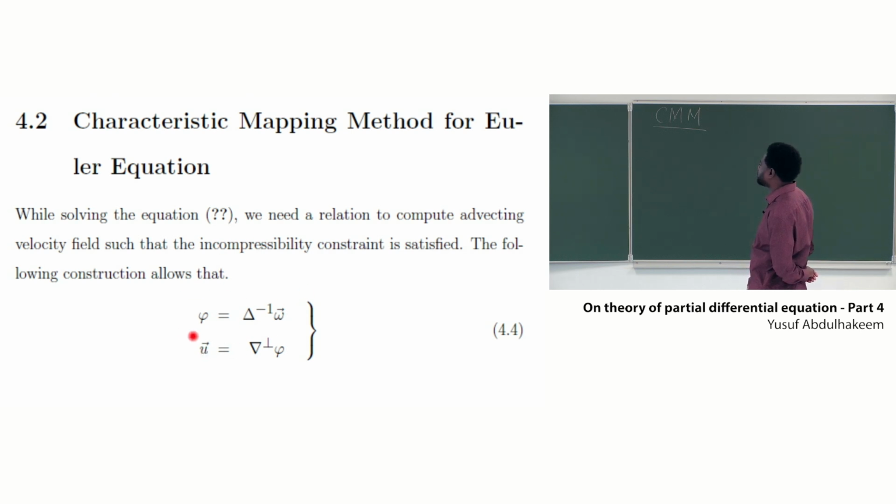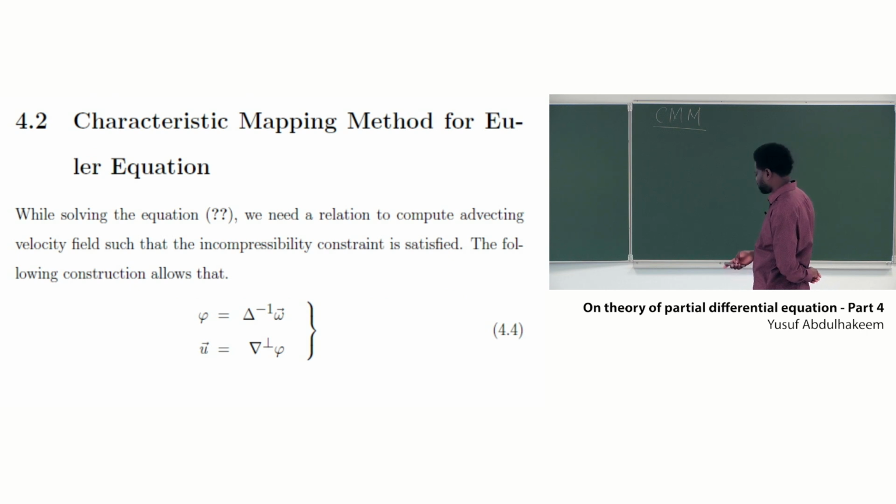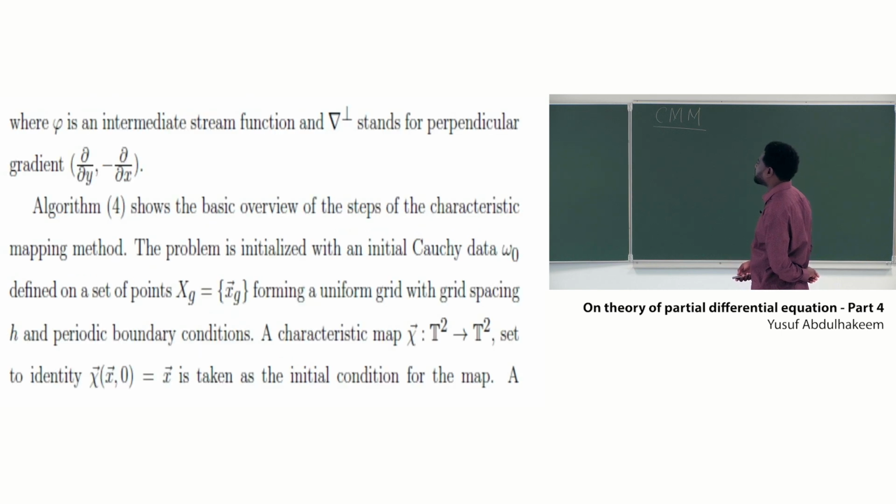We can see that this is the stream function, and this one is what we call the perpendicular gradient. By the time we take the perpendicular gradient of the stream function, we are going to obtain the velocity. So this is the perpendicular gradient.